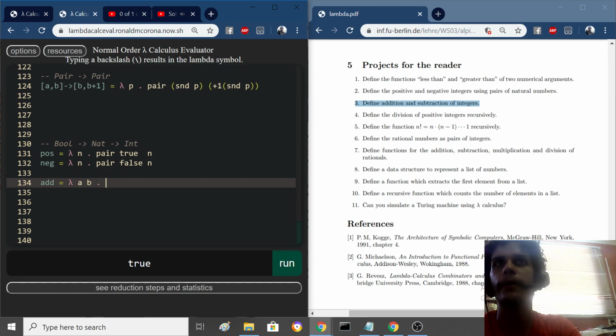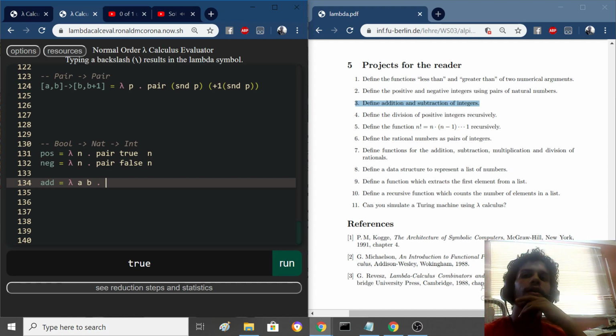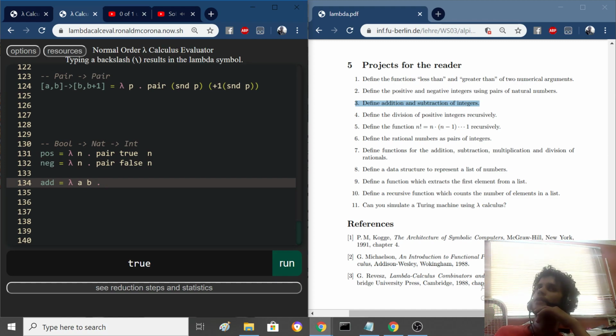We want to think about it, right? Addition, right? You have to really know addition to be able to solve this. The first thing you should notice is that different things will happen if the signs are different, right? And that's actually the case for a lot of functions with integers, right?